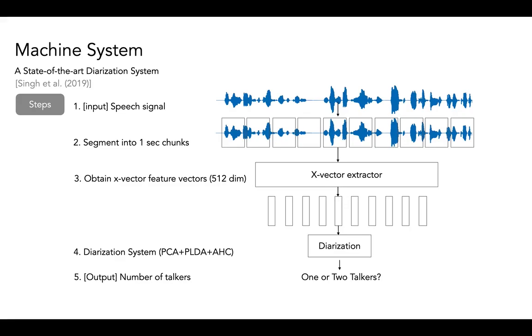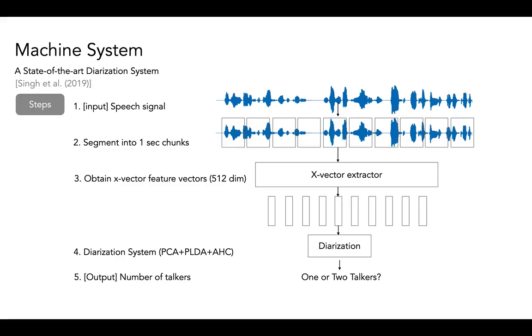For x-vector extraction, we use a time delay neural network which is trained on the VoxCeleb speech corpus to identify a huge set of talkers. This pre-trained network is used here to extract the x-vectors, which are then fed to a diarization system. The diarization system is implemented in Kaldi.